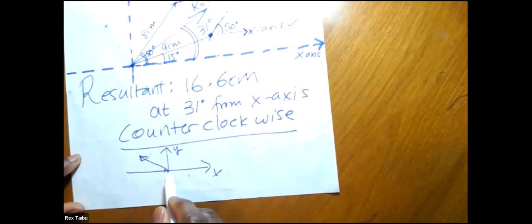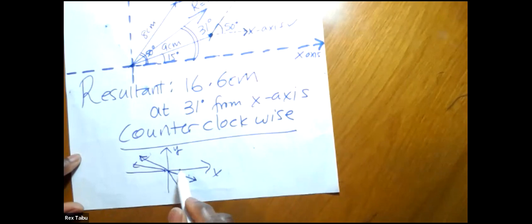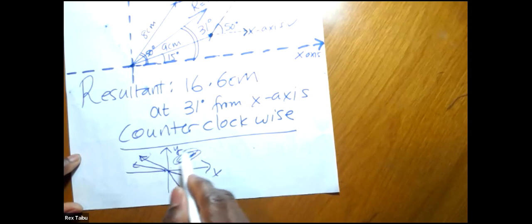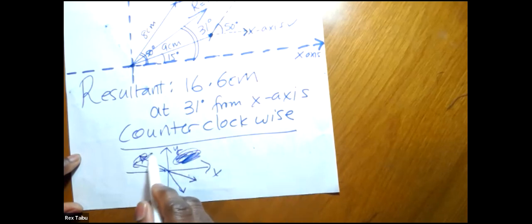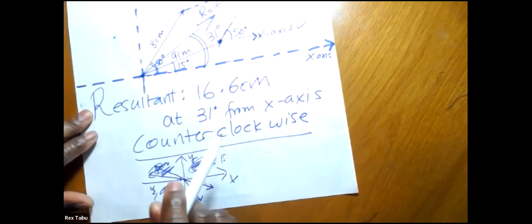Or maybe our vectors are lying in this region. In this example, the vectors were here, but next the vectors can be here, or here, or here. So this is the first quadrant, second quadrant, third quadrant, fourth quadrant. All right, so that will be next, but for now, that's it.